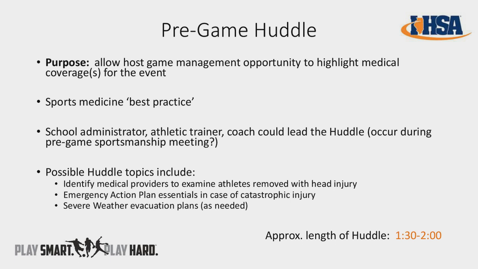So in the event of a player who maybe suffers a catastrophic injury, a quick, hey, if we've got to stop the game for something really serious, we need you to go back to your benches. If we have to call an ambulance, they're going to bring the stretcher in through this door. Or if it's an outdoor event, the gate over here on the northeast corner is where the ambulance will come in. So we need you to clear your athletes, or we need you to go to the locker room, whatever it might be.